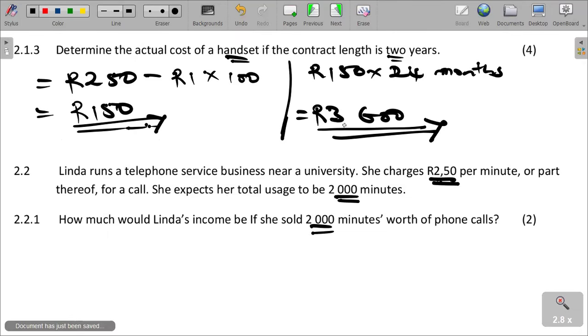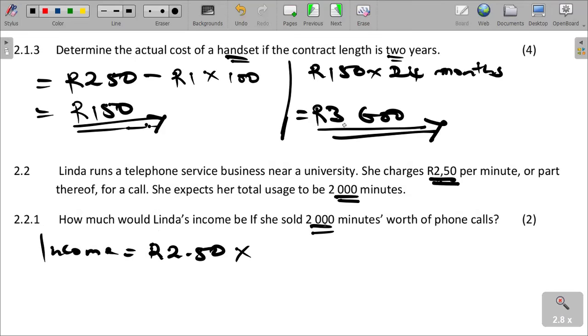So in this case, the income that she's going to make is equal to R2.50 per minute, which is given there, multiplied by the number of minutes, 2,000 minutes, which is given there.